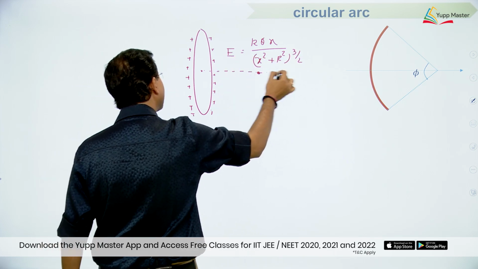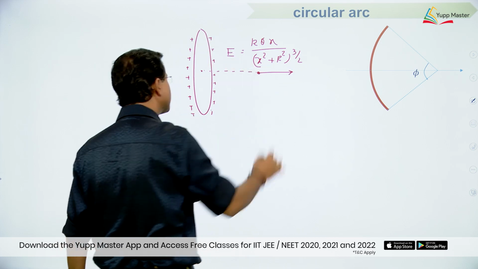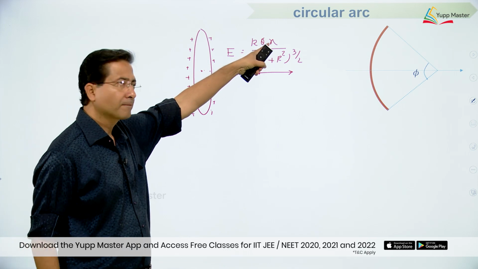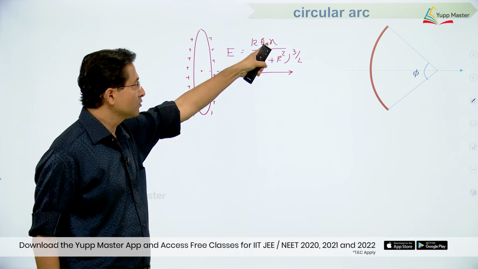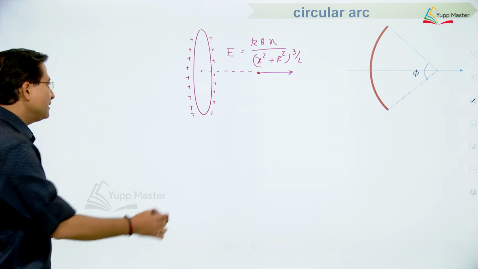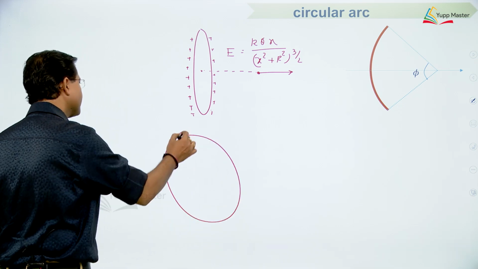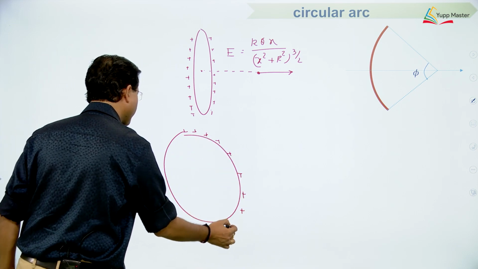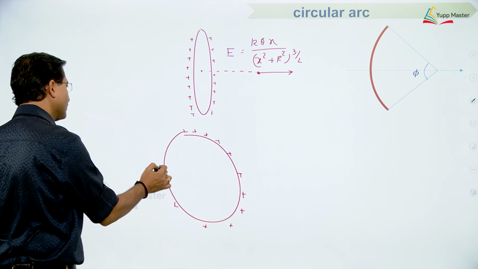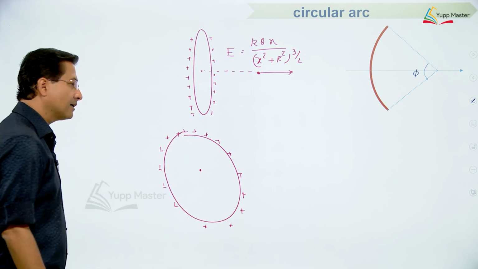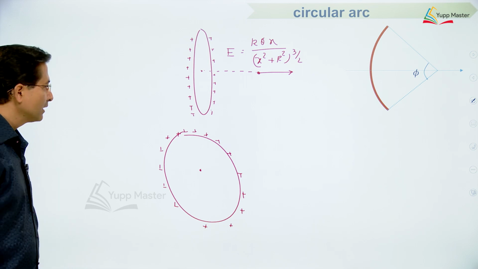And the direction of the field for a positive charge is away from the distribution. If I substitute x is equal to 0 here, this whole expression will become 0, we have just seen the variation. So, that means for a uniform distribution on a ring, the field at the center is 0.